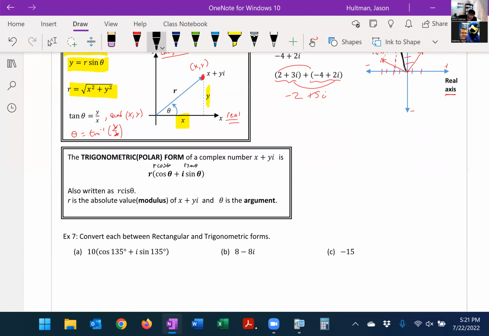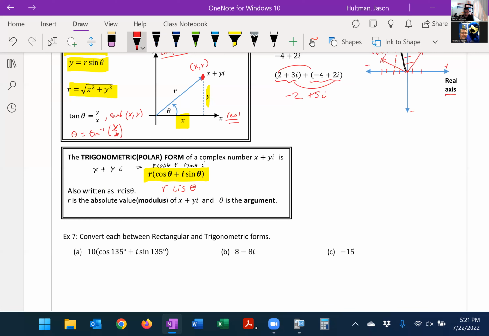And so if we factor out the r, right, because if this was x plus yi, then this would be r cosine theta plus r sine theta times i. And then if we factor out the r, we get r times (cosine theta plus i sine theta). Okay, factor out the r. And sometimes this is written as r cis theta, or cosine i sine, as shorthand.